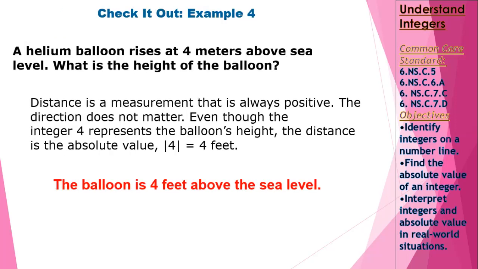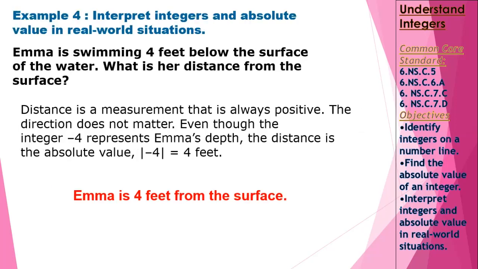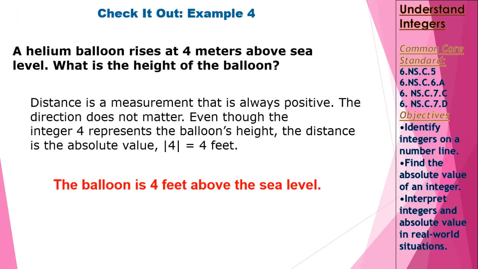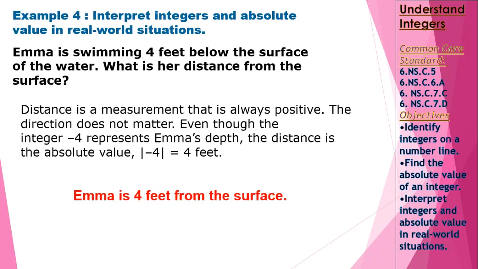This one is another example for this question. I used the same number here just to let you compare the absolute value of negative 4 and the absolute value of 4. Let's read the question. A helium balloon rises 4 meters above the sea. Here it was below, because of that we say it is negative 4 and we calculate the absolute value of negative 4.